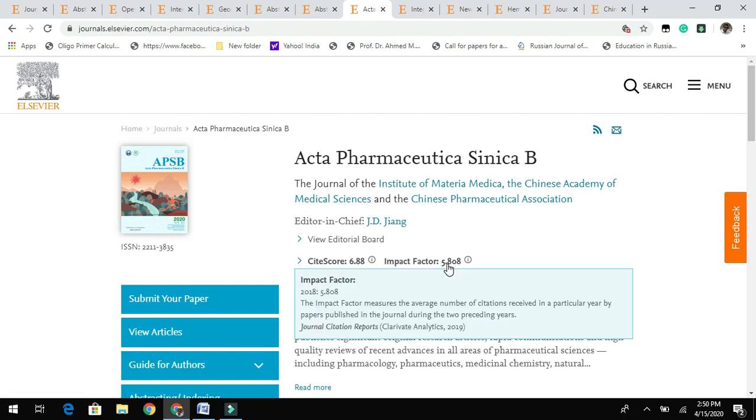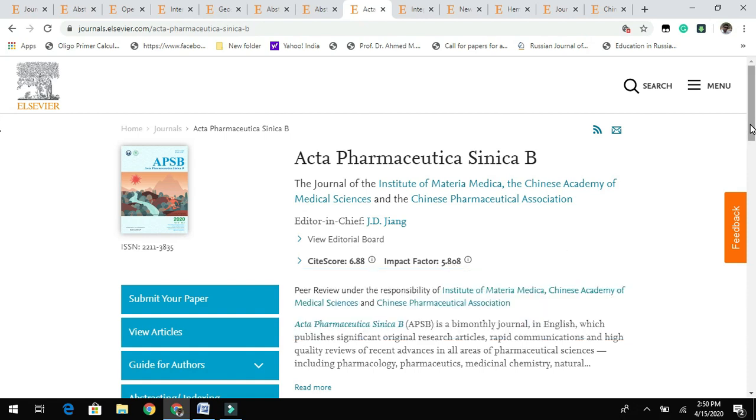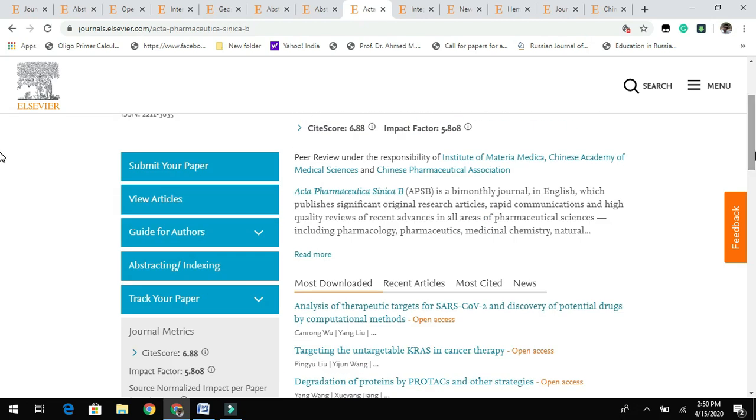So it has a good impact factor of 5.8, and you can publish your research articles, both original and short communications, and you can see the most downloaded article of recent times, on COVID-19. So let us see the indexing of this journal.